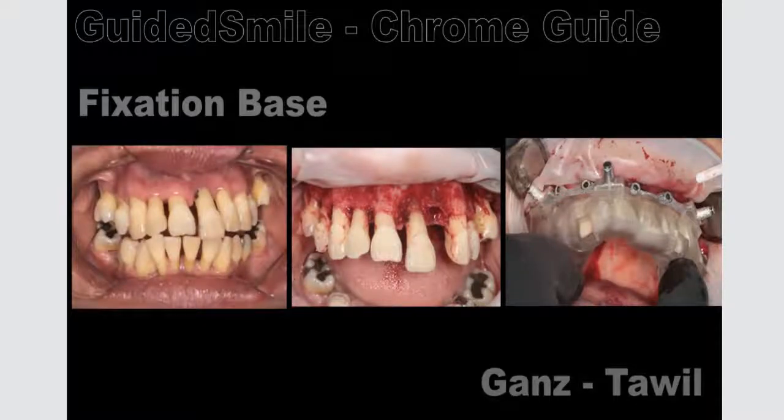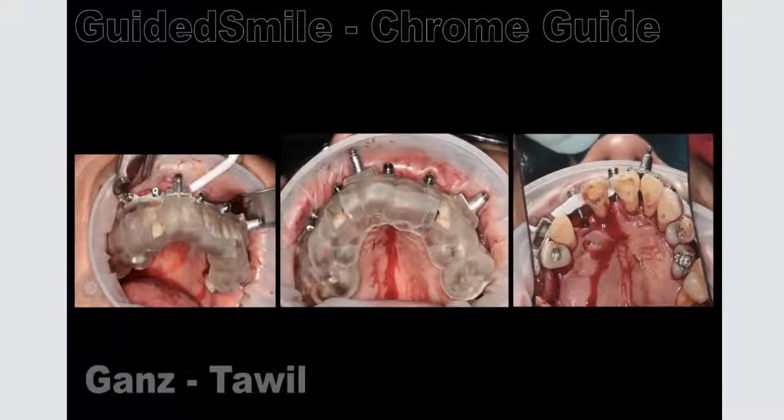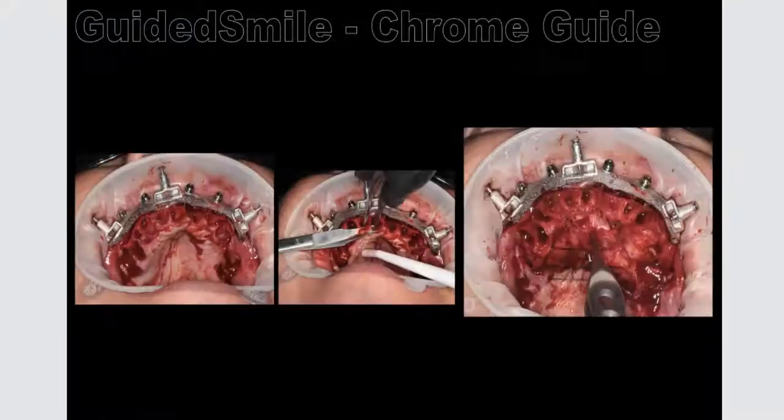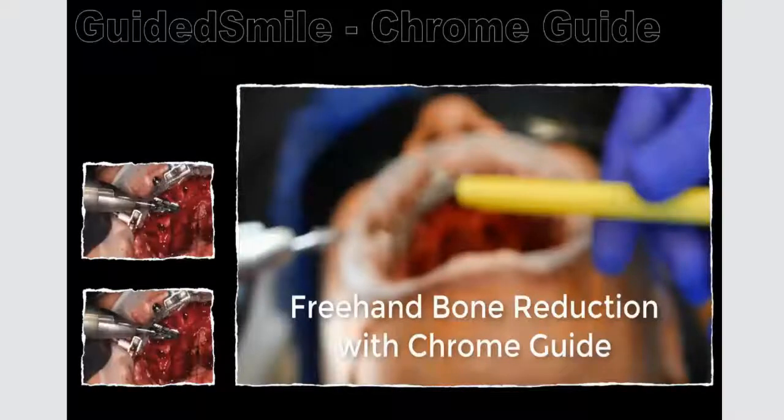This is a tooth-borne guide that fits over the existing teeth. We position this, create a flap design and reflection, and fixate the pin guide, and then this part is removed, leaving the teeth in place. Now, with the pin guide in place, we will go back, remove the teeth, and do bone reduction.